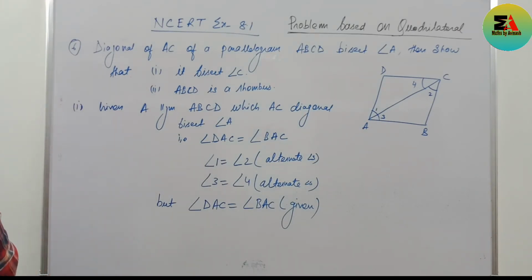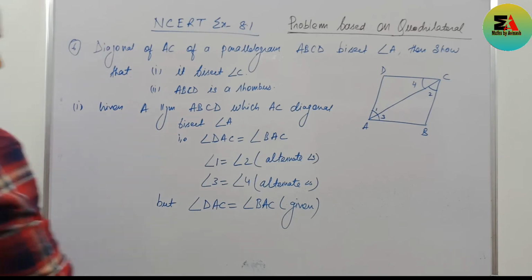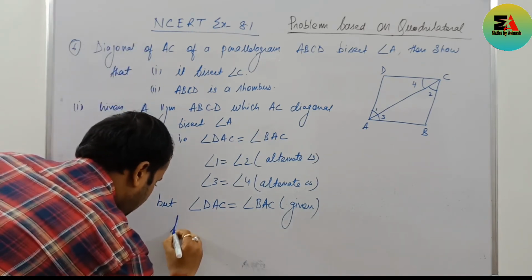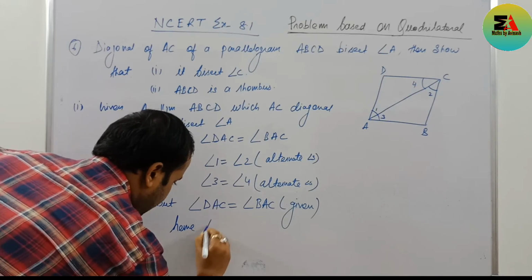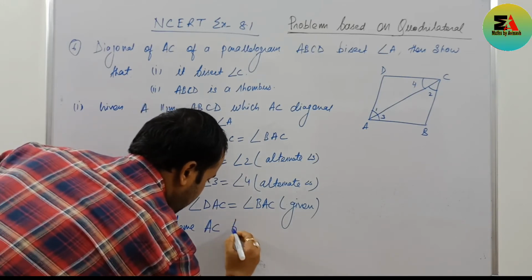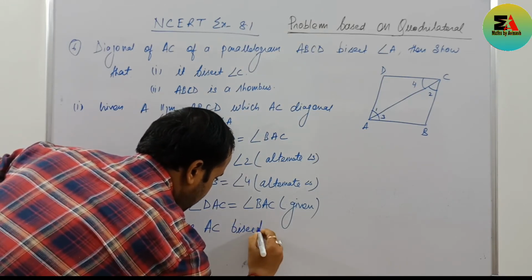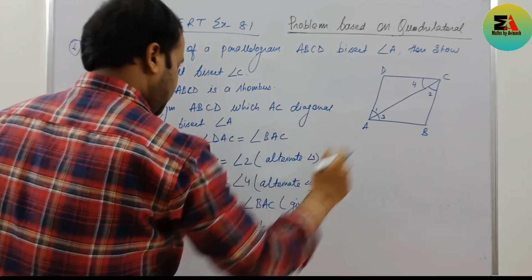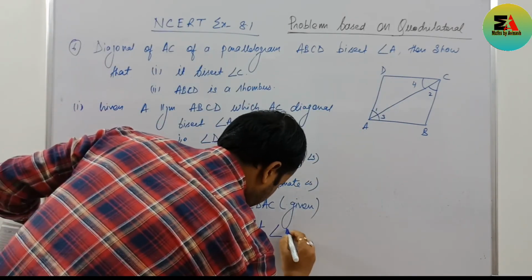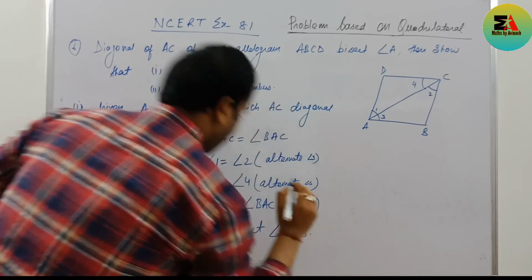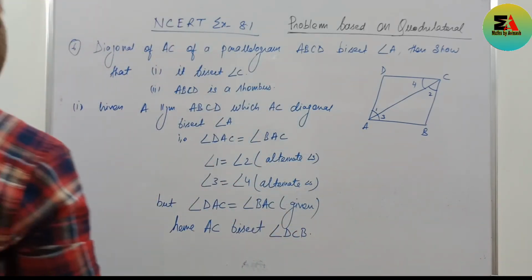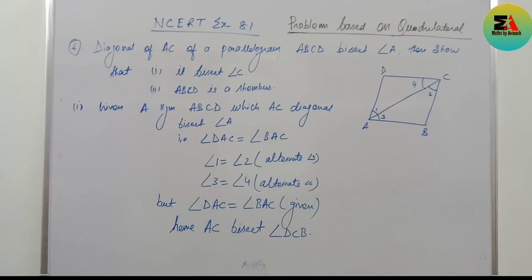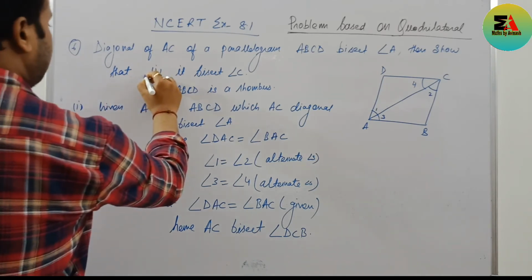Hence AC bisects angle DCB. This is the solution of problem first, case first.